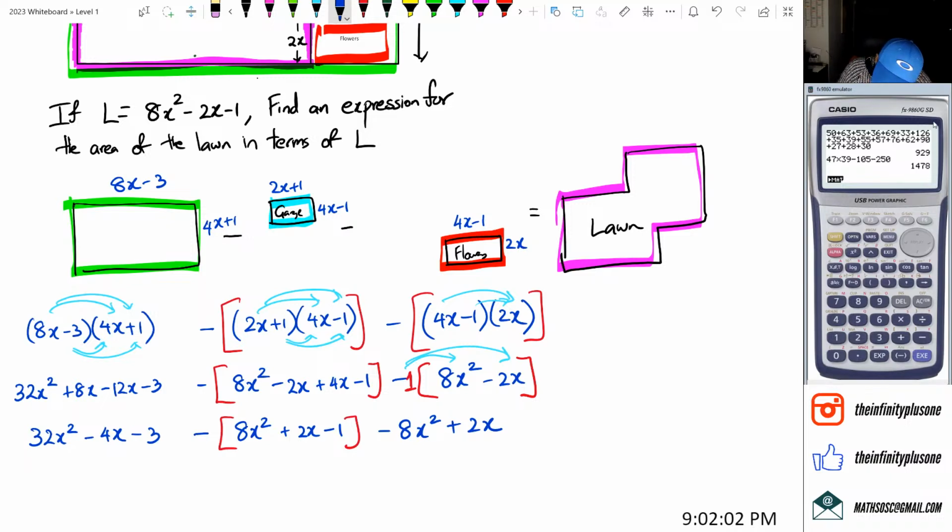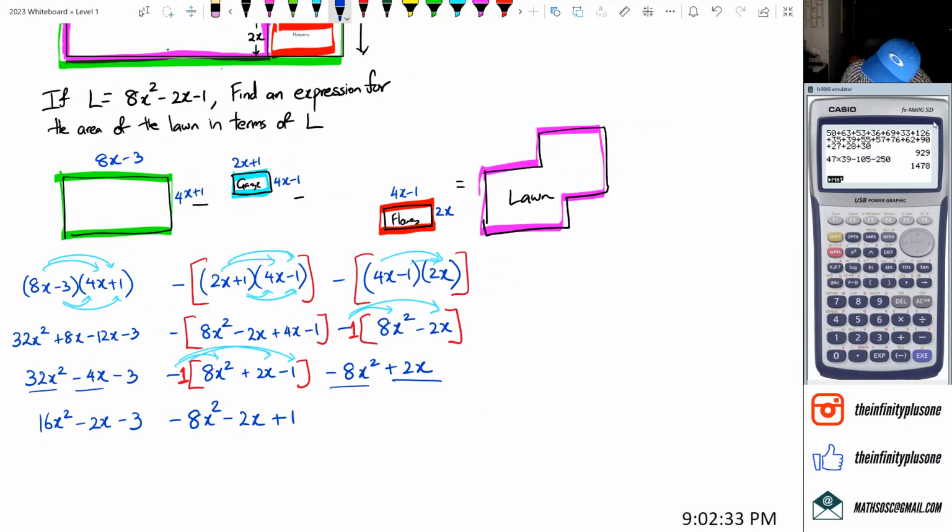Now I want to work with this, what do we got? 32x squared minus 8x squared, that's 16x squared. Negative 4x and negative 2x is negative 6x minus 3. And then of course I've got a negative 1 in front of this bracket, and I want to multiply each of these terms out, which means I'm going to get minus 8x squared minus 2x plus 1.